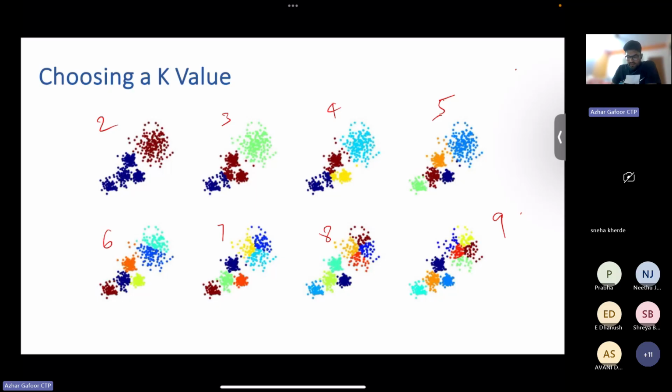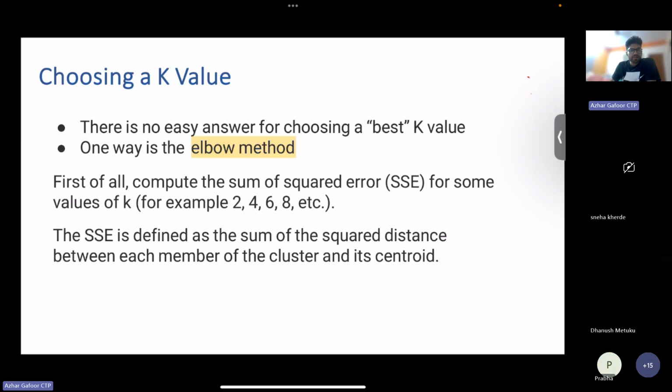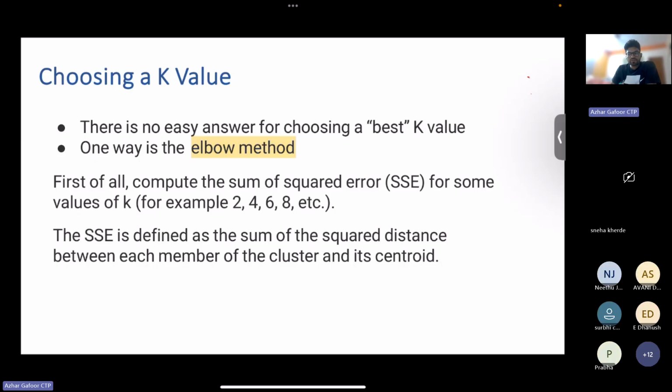So the actual case is there is no easy answer for choosing the best k value, because if the data is some data that we got from somewhere and we don't know how many clusters there are in real, we also cannot set the k a priori. So one way to choose k is the elbow method.